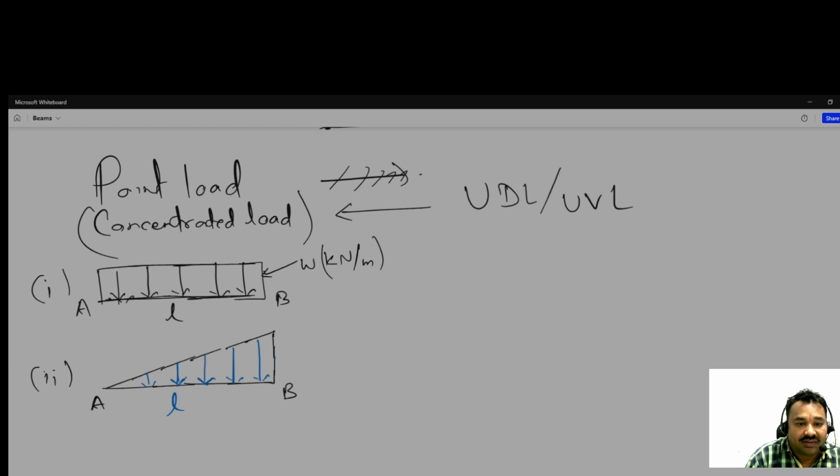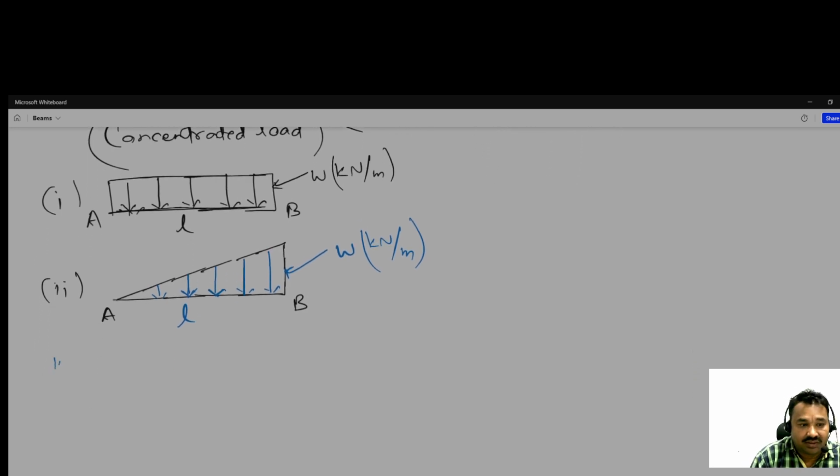Okay, and this height is suppose W kilonewton per meter. So what we have to do, these are the shapes. We are going to convert them into point load, and this also we can, let us extend this third, this one and this one.